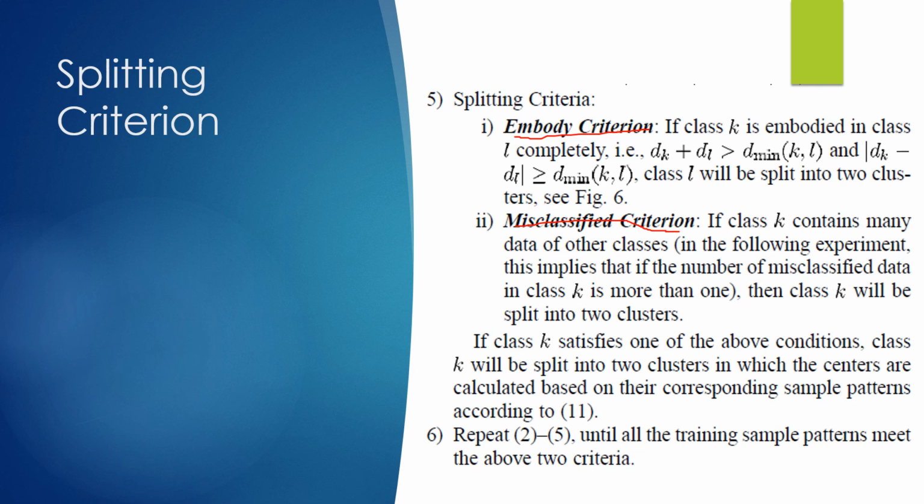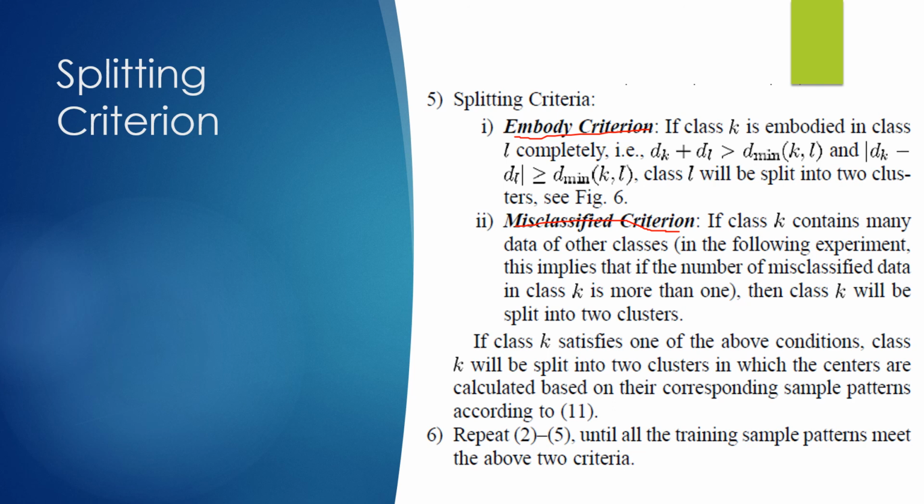So if a class, when an overlap is detected, satisfies one of the two conditions, then based on these criteria it will be split into two clusters, for which the respective cluster centroids will have to be recomputed as explained in step 2 of the previous slides. Based on the sample patterns which are now relabeled into the new clusters, those centroids are correspondingly computed.